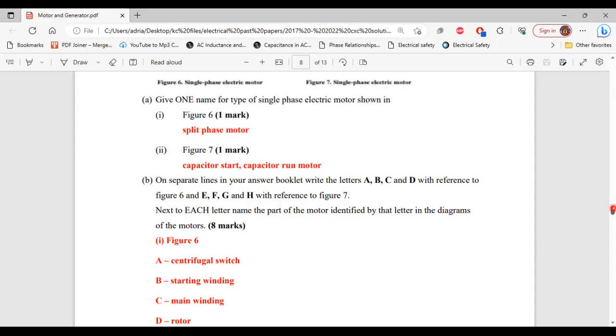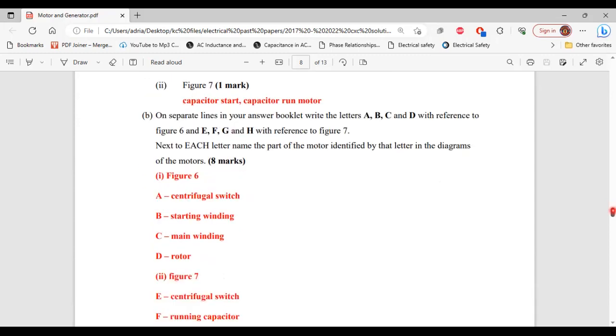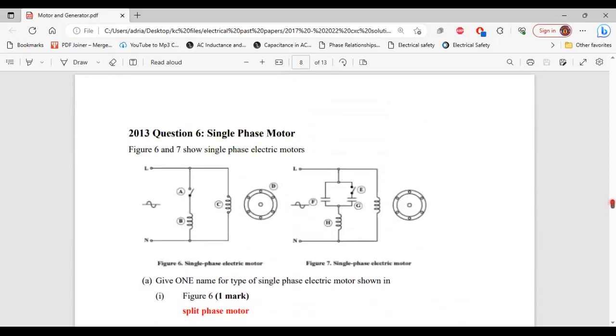So for figure 6, A is the centrifugal switch, B is the starting winding, C is the main winding, and D is the rotor. So this is figure 6: A, centrifugal switch, B, starting winding, C, main winding, and D, the rotor.